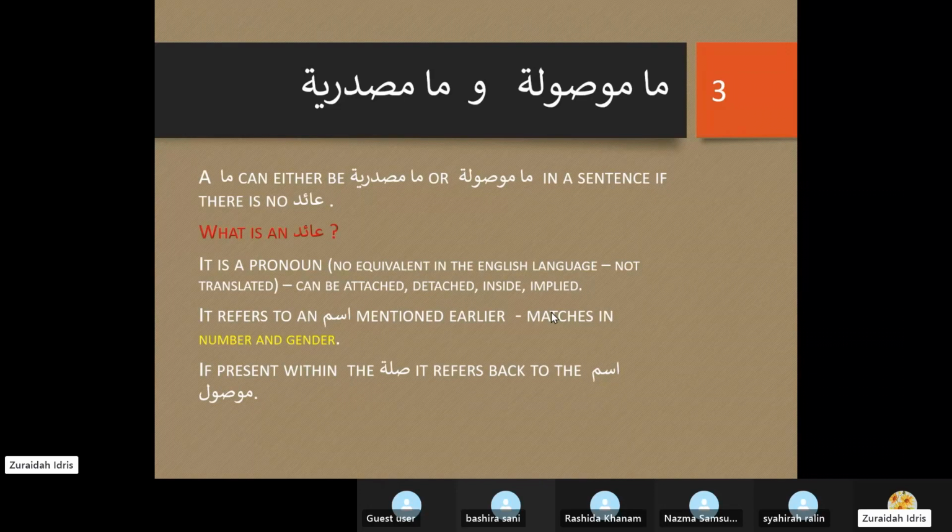It will become clearer when we see more examples as we do our Irab, and inshallah I will highlight to you, okay, this a'id is attached, this a'id is detached. But what concerns us now is the implied a'id, meaning that we don't see it in the sila. So why do I want to talk about something that you can't see? I'll tell you why.